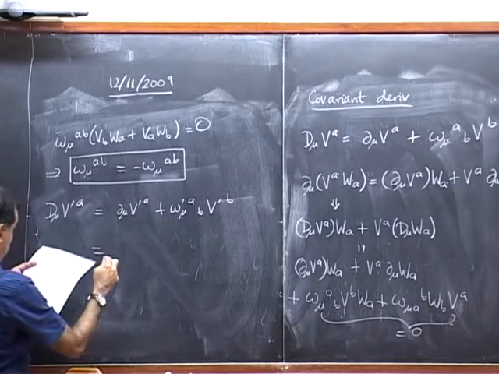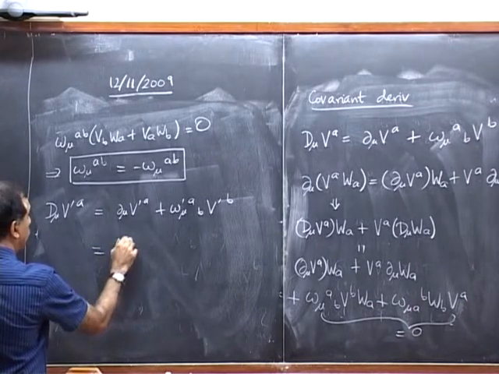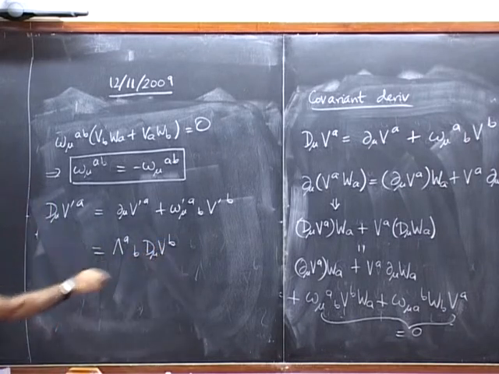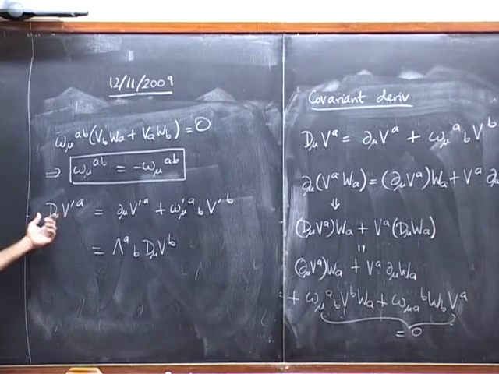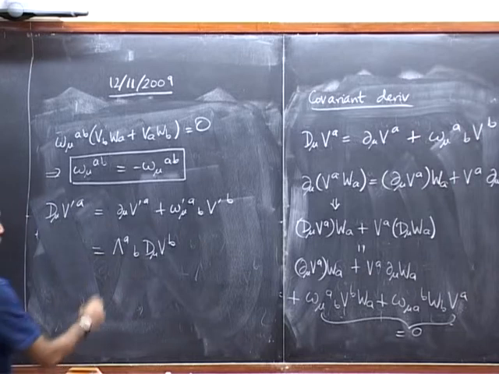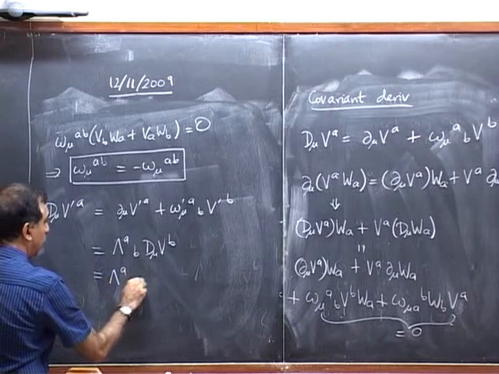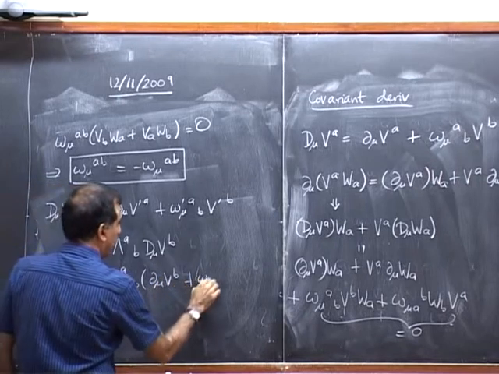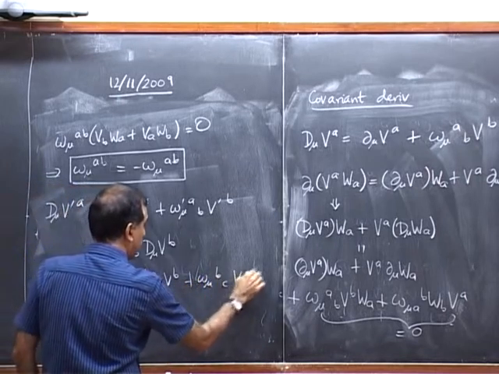But at the same time, this is also equal, we assume, to lambda^a_b D_mu V^b. This is our requirement, that even after differentiating, it should still be an LLT vector. So it should transform like this. Okay. And this is equal to lambda^a_b into d_mu V^b plus omega_mu^b_c V^c.